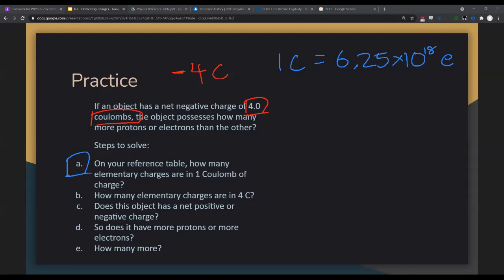Basically, what this is saying is that 1 coulomb of electric charge has about 10 to the 18 protons or electrons. Think of how huge that is, right? You're basically having 18 zeros. Well, it's 16 zeros now because the 25 takes 2 out of it. So there's 16 zeros here.